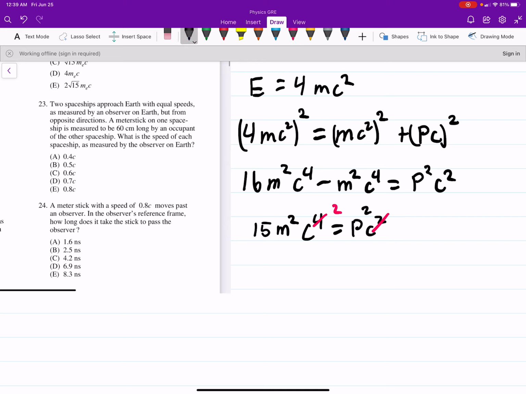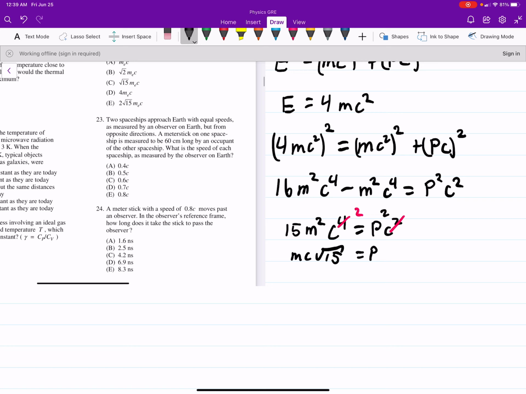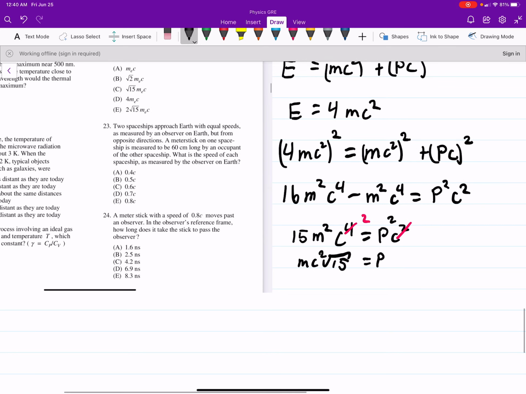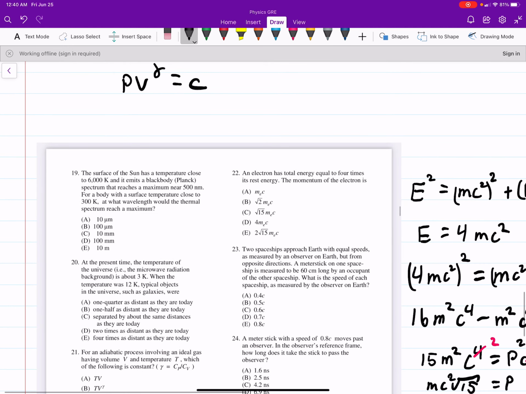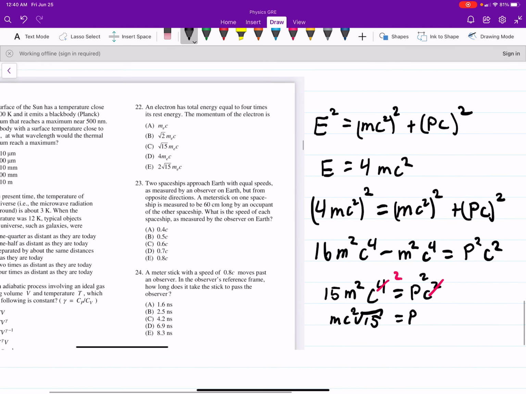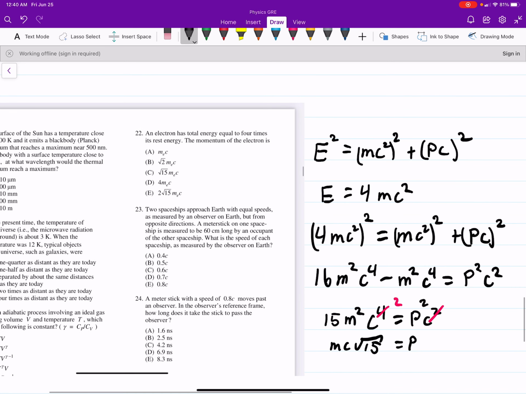Okay, and you take the square root of both sides, you're going to get mc times the square root of 15 is equal to your momentum. So that is this option here. Looks like option C. Okay.